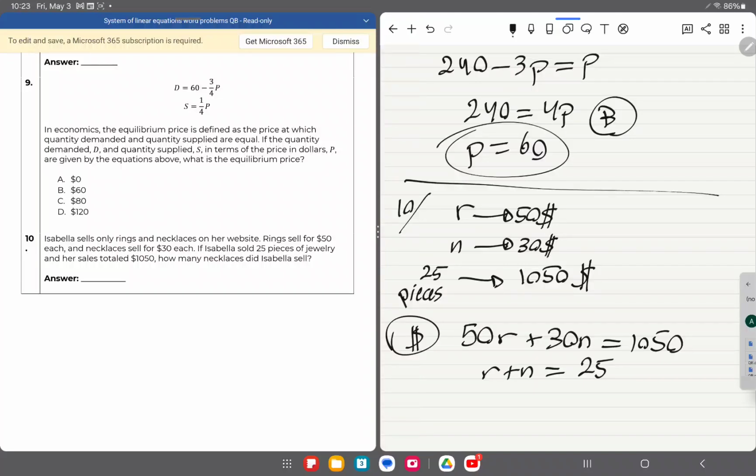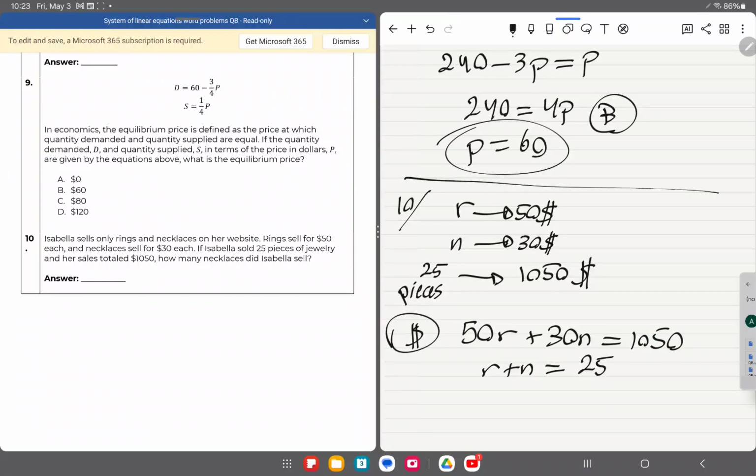For x plus y, it's r plus n. It's easier to put them in r plus n if you are checking. So how many necklaces did Isabella sell? I'm going to have to solve this equation. It's easier if you're checking how many necklaces. Instead of getting r and then getting n, it's faster to get n immediately.